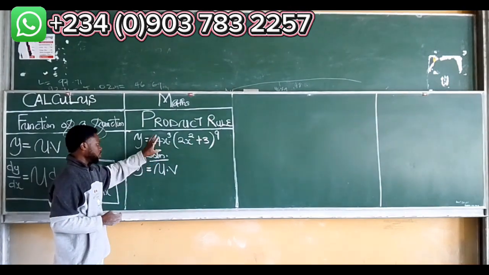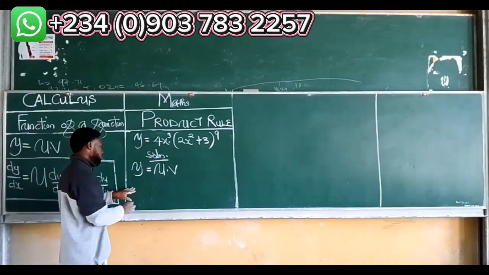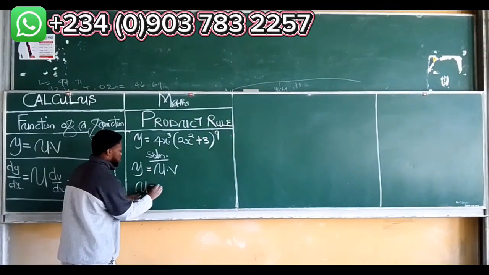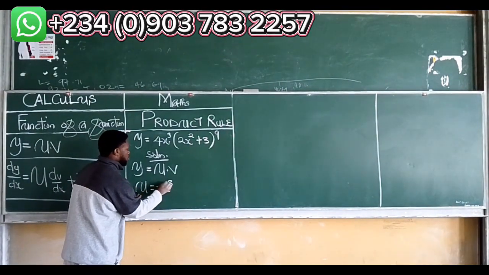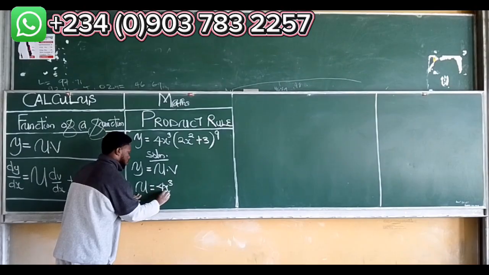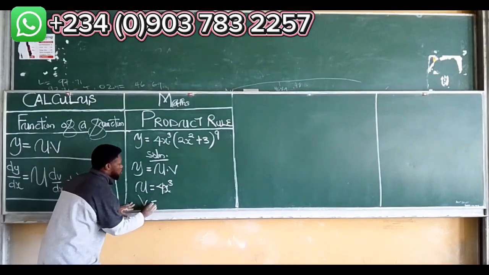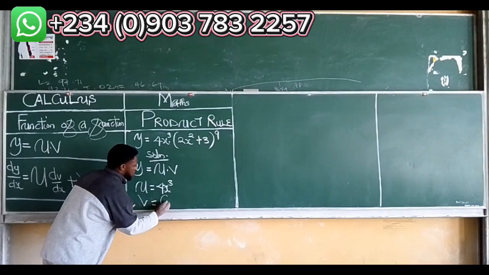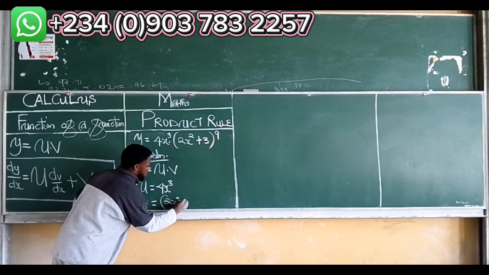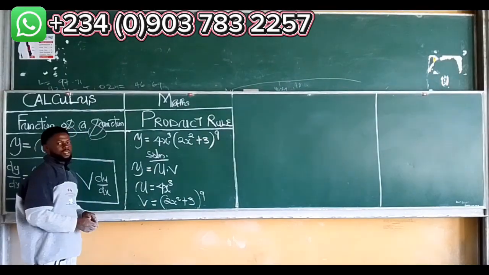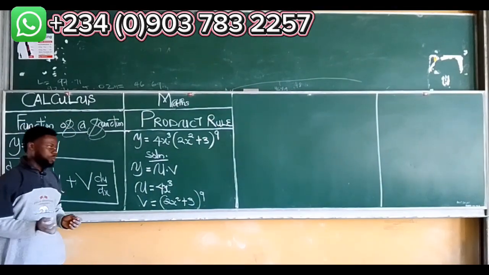If that is so, 4x raised to the power of 3 becomes u. So u is equal to 4x raised to the power of 3, and v is equal to, in brackets, 2x squared plus 3, raised to the power of 9. That is the first approach.